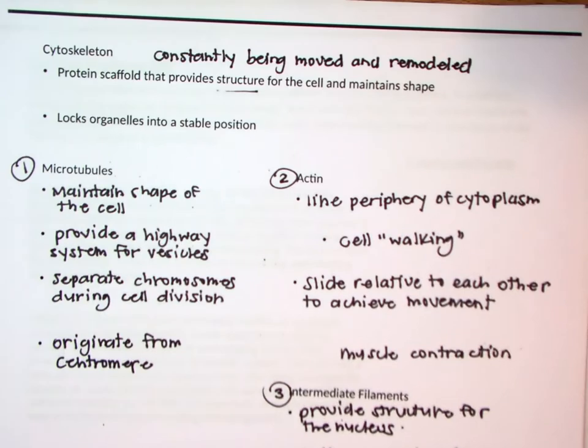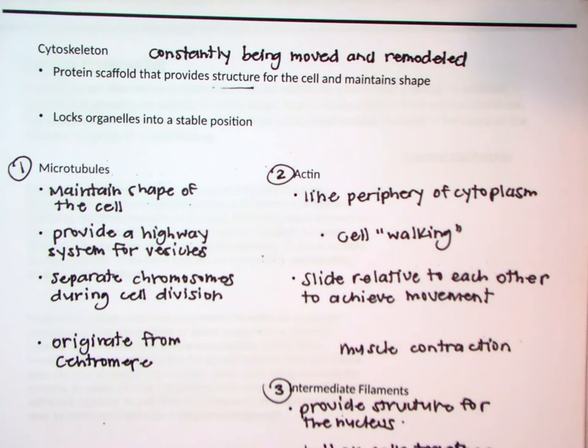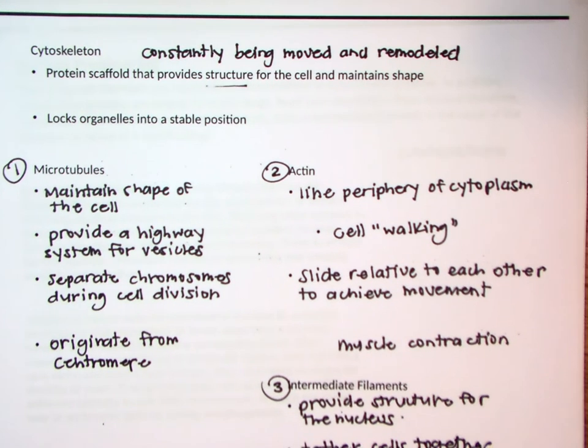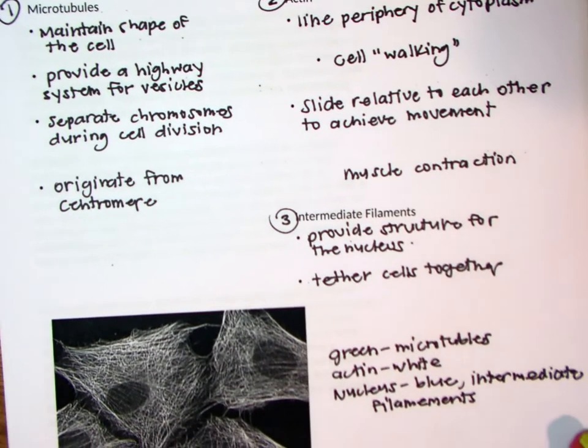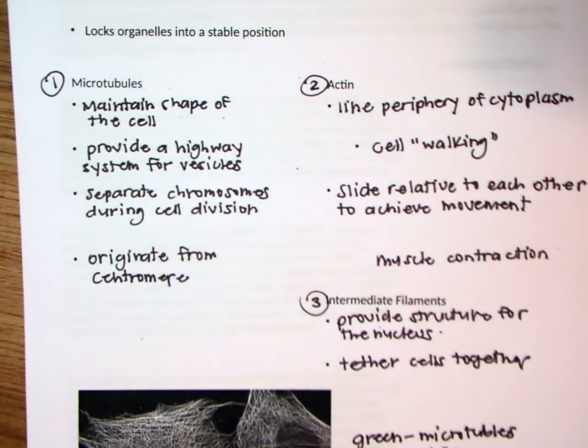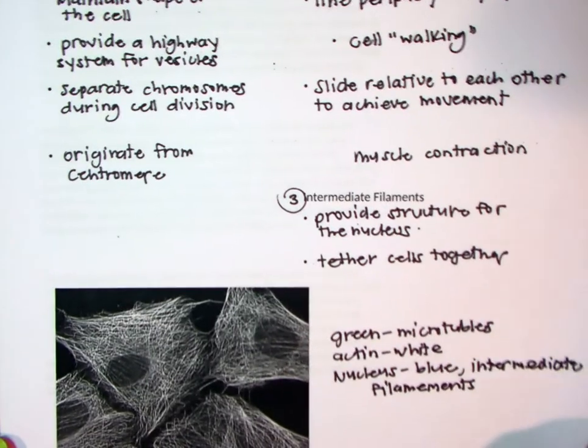Okay, so cytoskeleton, constantly being moved and remodeled, protein scaffold, structure for the cell, microtubules, actin, and intermediate filaments. And we'll come back to these three in just a minute.